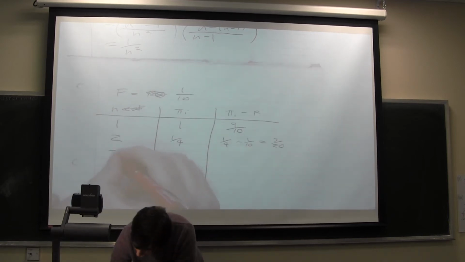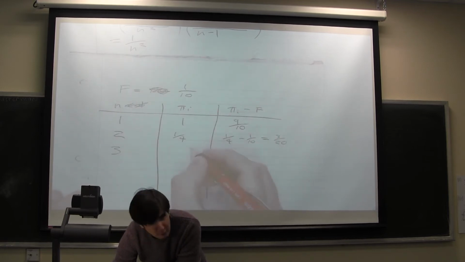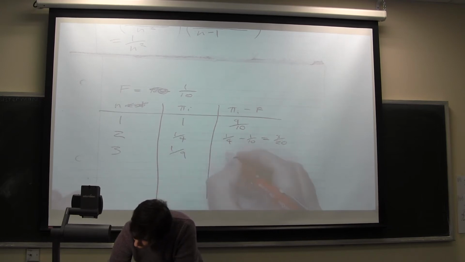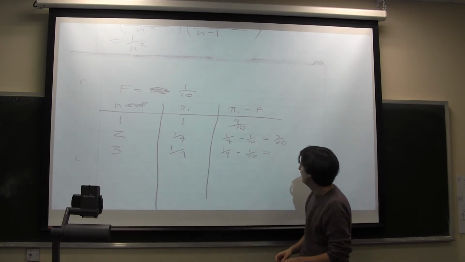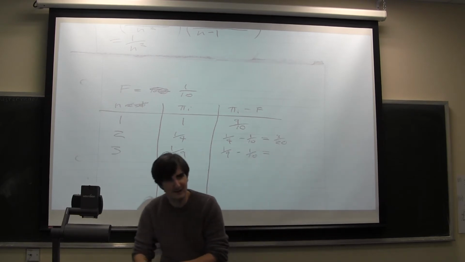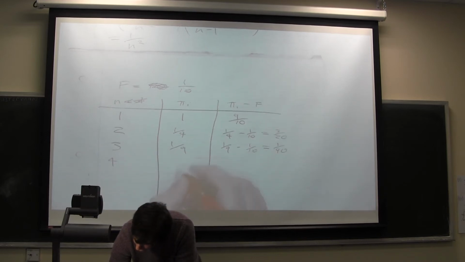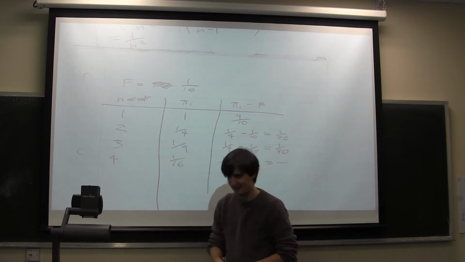If 3 firms entered, then pi I is 1 over 3 squared, so 1 over 9. We're still okay. 1 over 9 minus 1 over 10 is 1 over 90. If 4 firms entered, 1 over 16 minus 1 over 10 equals minus 3 over 80.